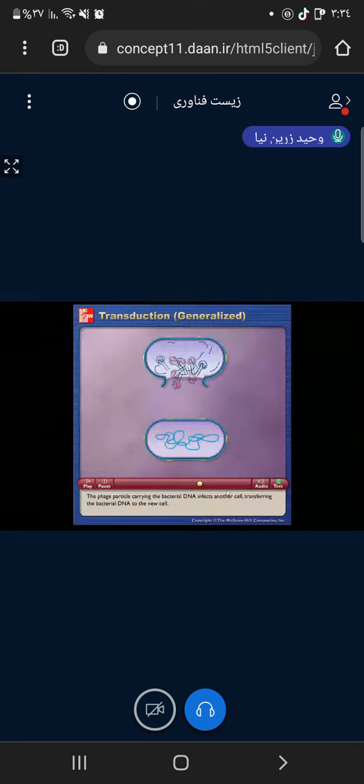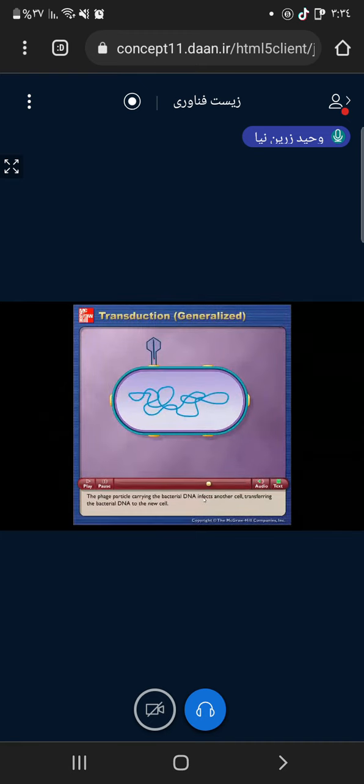During formation of the mature phage, a few phage heads may surround fragments of bacterial DNA instead of phage DNA. The phage particle carrying the bacterial DNA infects another cell, transferring the bacterial DNA to the new cell. Bacterial DNA is introduced into the new host cell and can become integrated into the bacterial chromosome, thereby transferring genes to the recipient. This cell then multiplies and carries new genetic material.